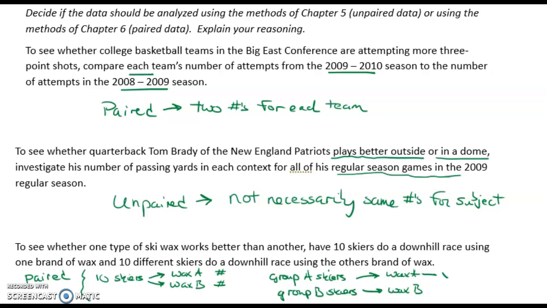And of course, you're going to get numbers for them. But because you don't have two numbers for each of these skiers, this is going to be more like unpaired.